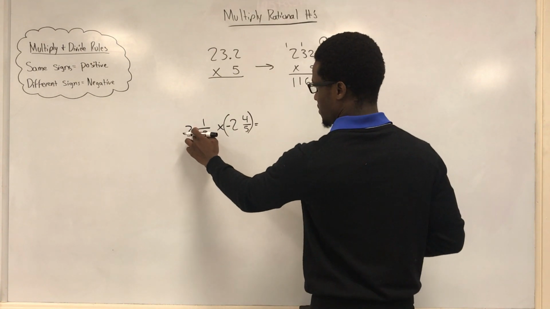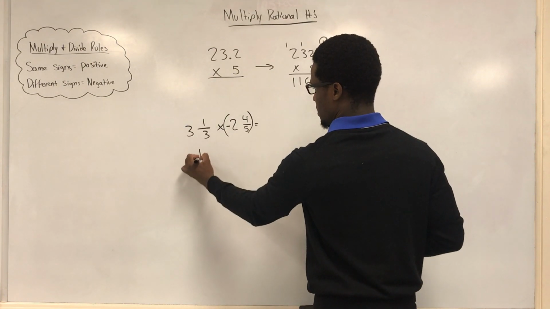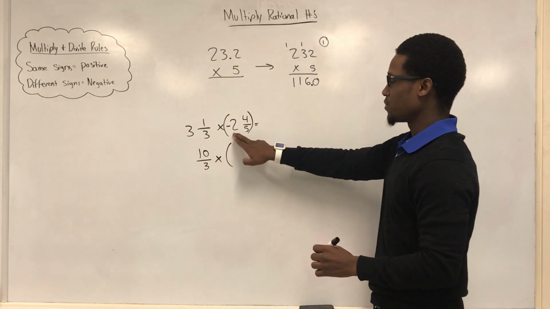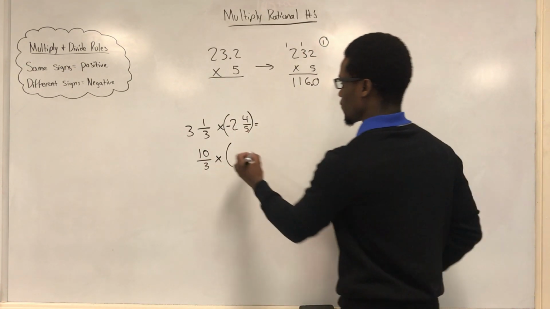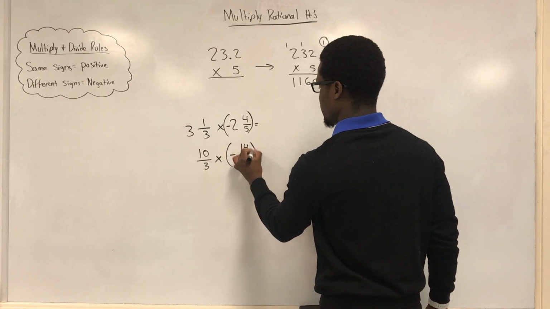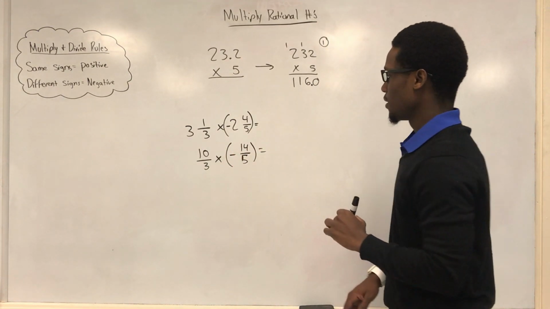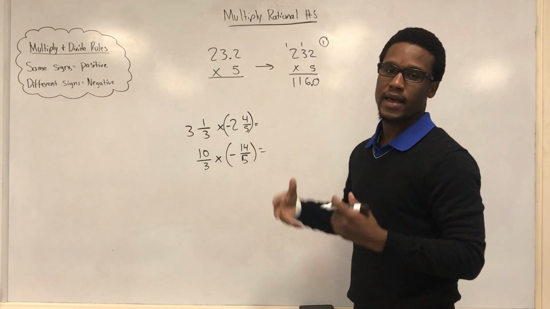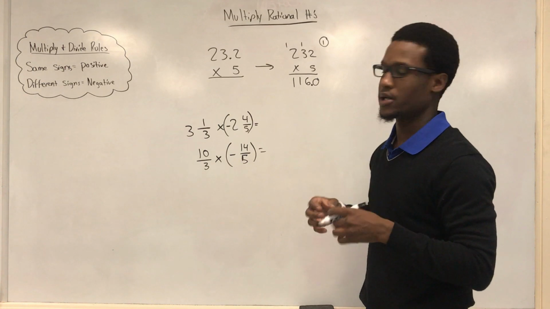So 3 times 3 is 9 plus 1 is 10, so I have 10 thirds. 5 times 2 is 10 plus 4 is 14, so I have negative 14 fifths. Okay?